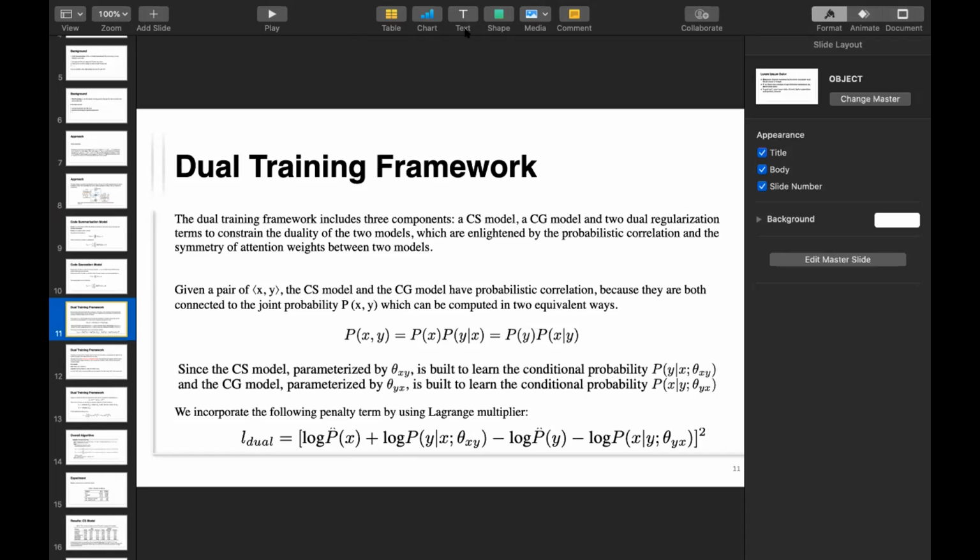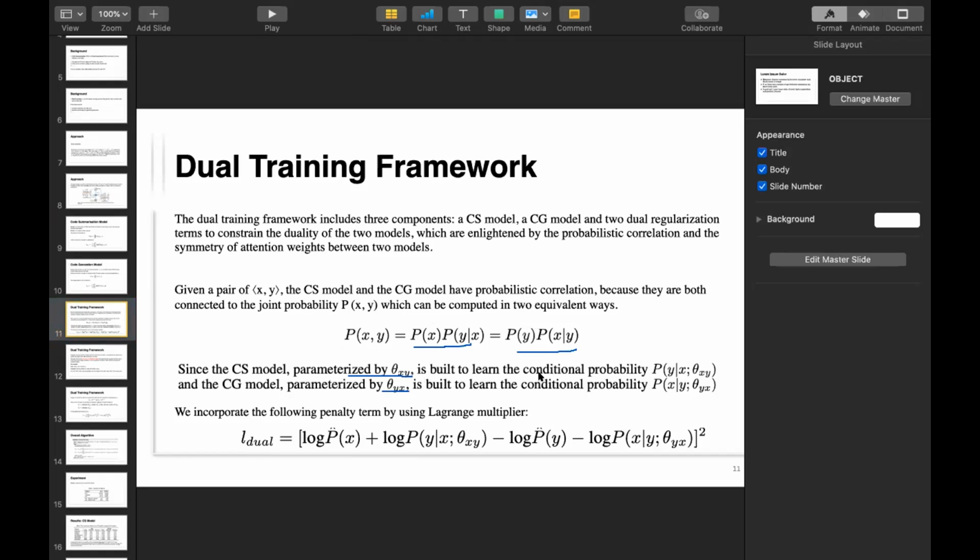By the formulas we just introduced in the last two slides, we can easily see that this equation holds. We also denote theta_xy and theta_yx as the parameters of the CS model and the CG model respectively.